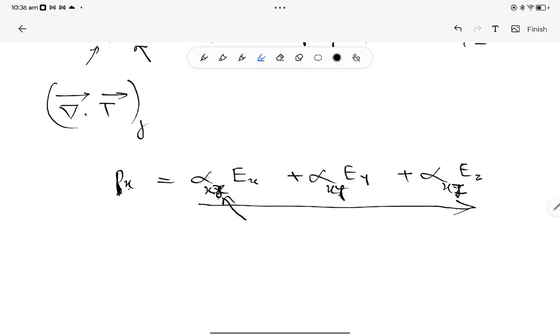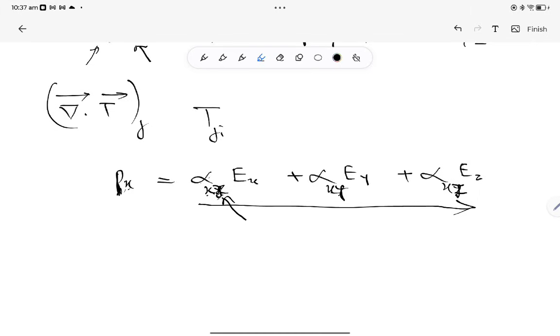If I write tji, then you are giving values to the i variable, and you are maintaining one variable the same, that is the first index, x, and that is equal to this.